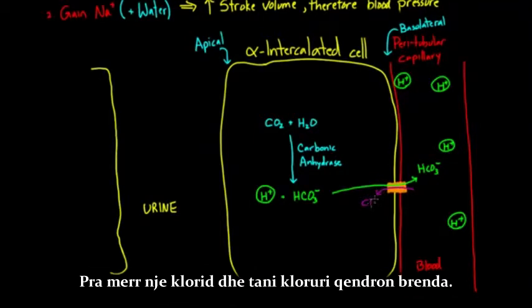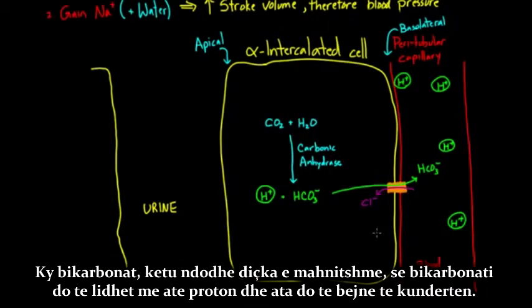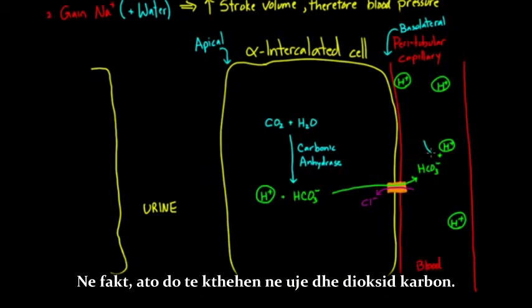So that chloride is now sitting on the inside. We'll come back to that chloride in just a second. That bicarbonate, because this is where the magic is happening, is going to bind to that proton, and they will do the reverse. They're going to go back to water and carbon dioxide.